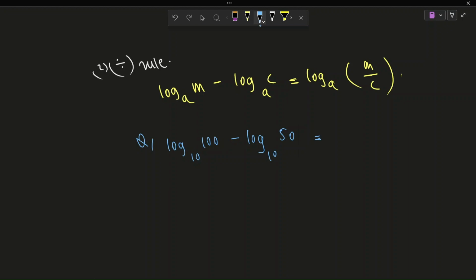Well, we know about the division rule, and this is a subtraction, so that's going to give us log, same base, 100 divided by 50, which is just log 2 to the base 10. That's it for the division rule.